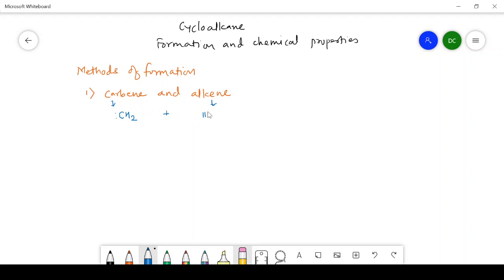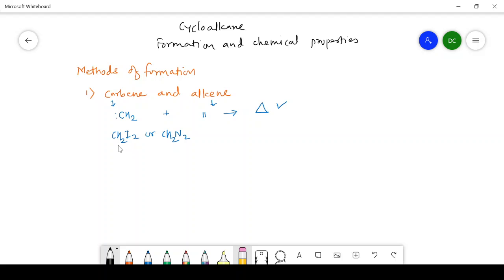a cycloaddition reaction to form a cycloalkane, and generally we get a cyclopropane. Therefore, from this method we will obtain cyclopropane derivatives. Now, to generate a carbene, we have to use either diiodomethane or diazomethane.